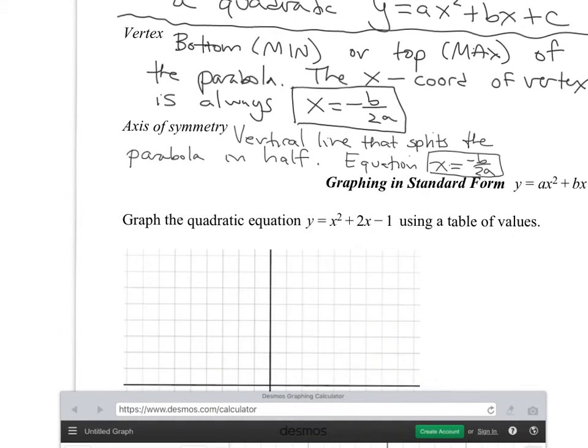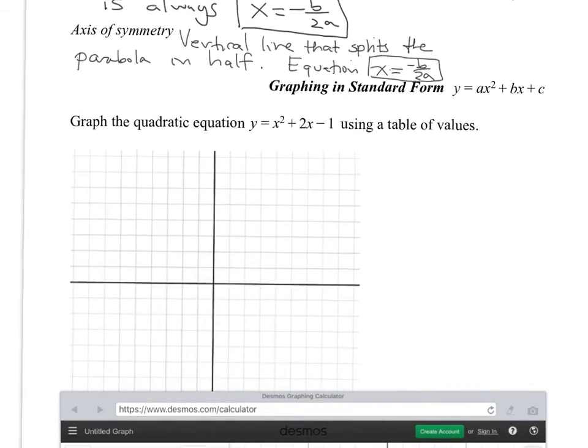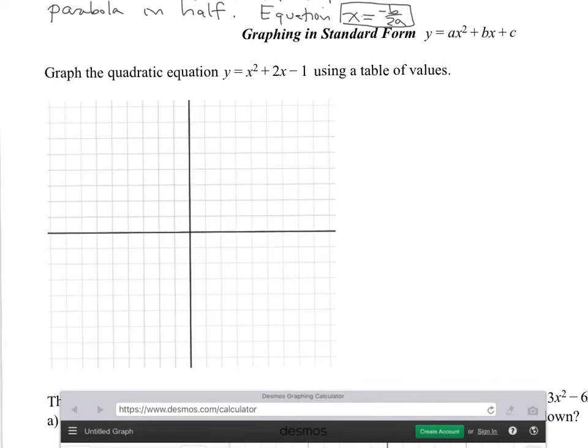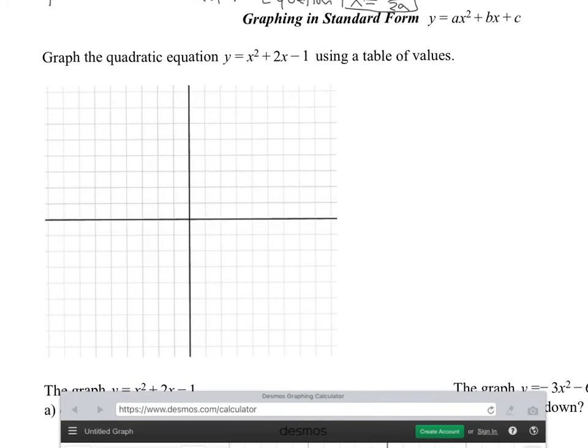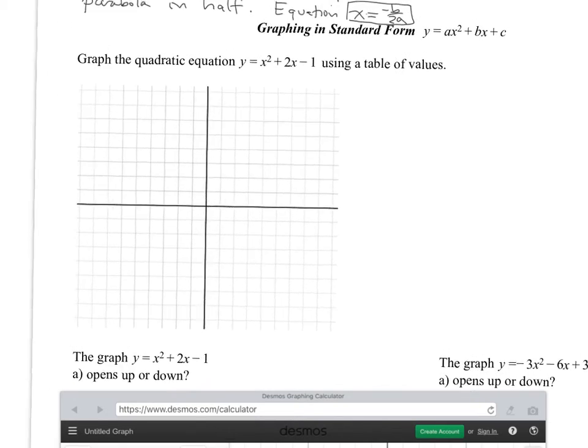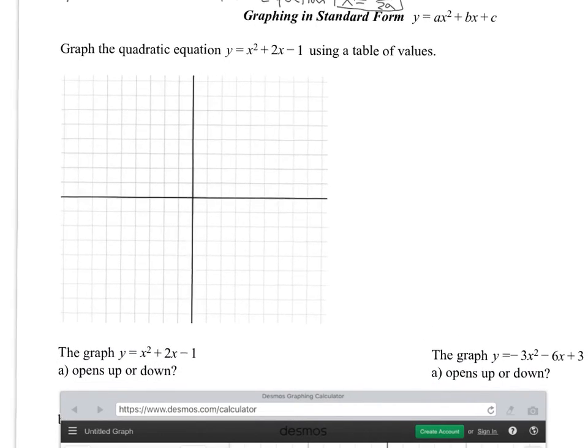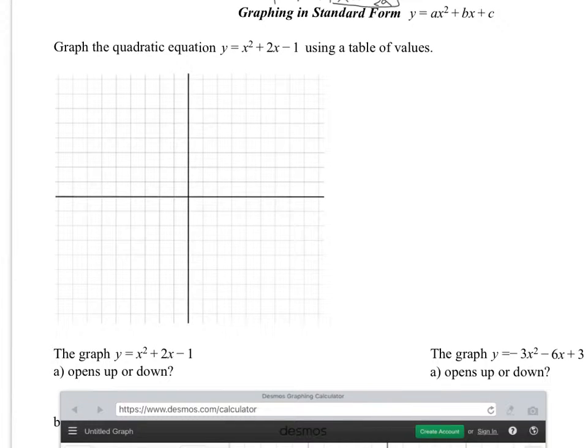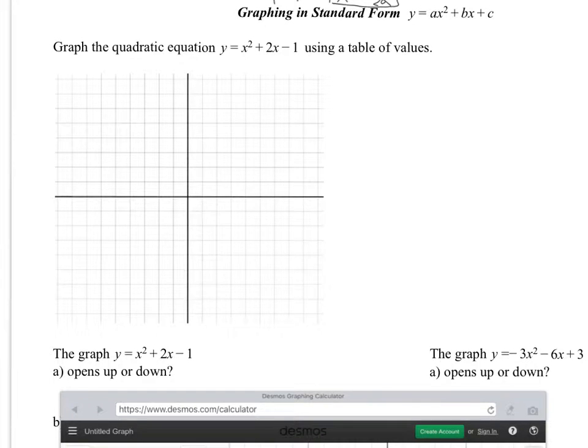So let's look at graphing a quadratic here, and we're going to do it a couple different ways. I'm going to first use a table, and then I'm going to graph it on the graphing calculator. The first thing says, graph the quadratic function y equals x squared plus 2x minus 1 using a table of values. When you first started graphing things back in Algebra 1, we'd make our little table of x and y values.